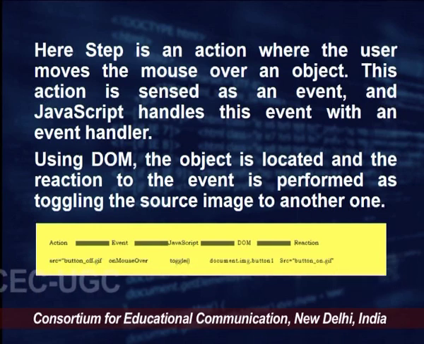So the action is sensed as an event and JavaScript handles this event with an event handler, and when the document object model is used, the object can be located and the reaction to that event is performed, such as toggling the source image to another one, depending upon how the event handler functions are described.